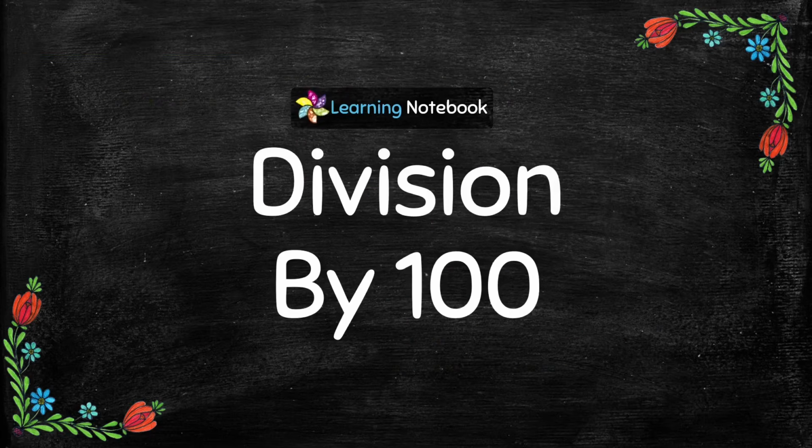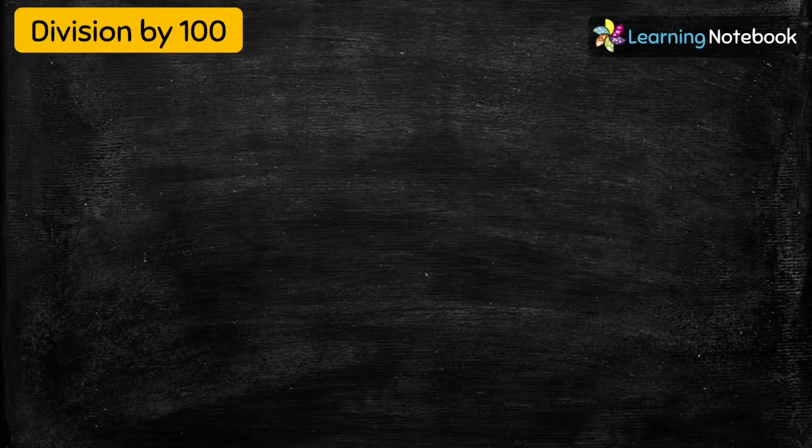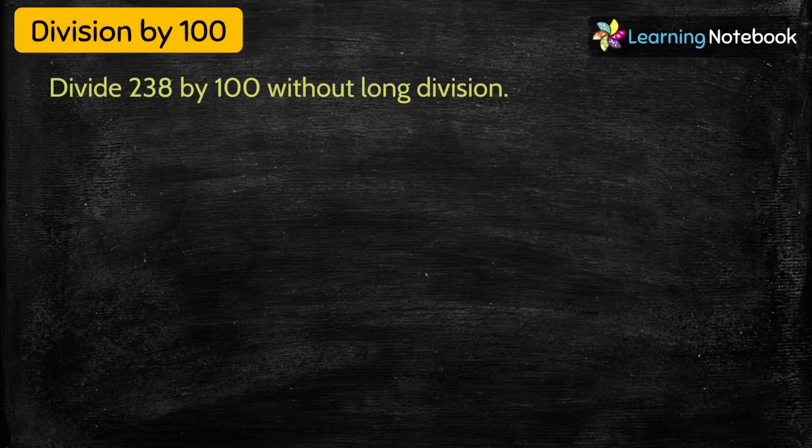Now we will do division by 100. Students, we have learned division by 10 without long division. Now let's learn division by 100 without long division. Let's divide 238 by 100. Now 100 has 2 zeros.